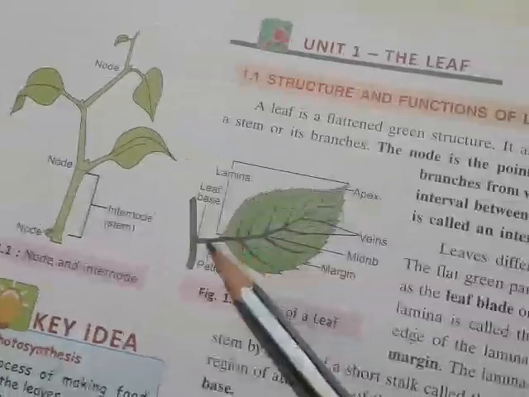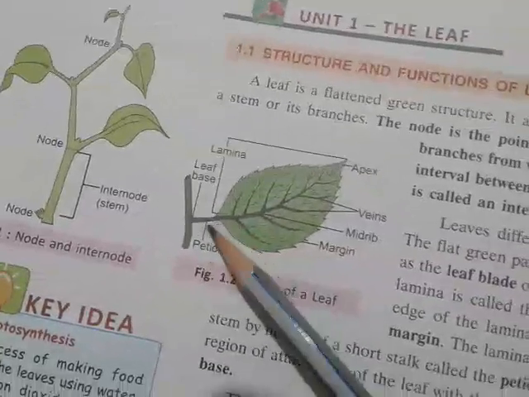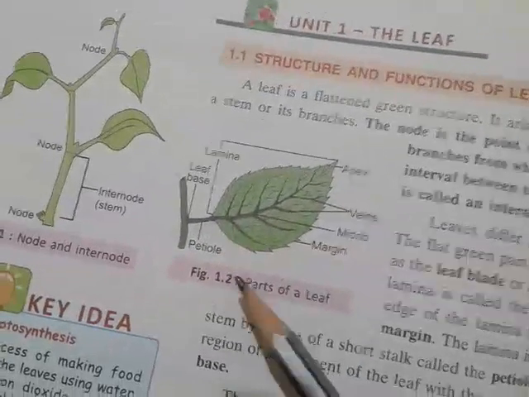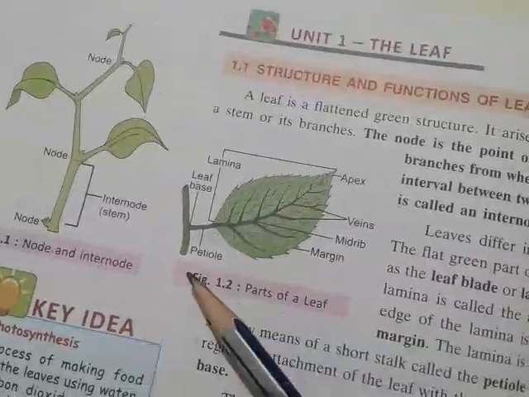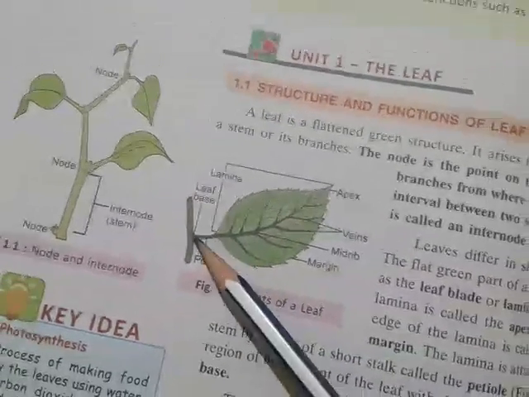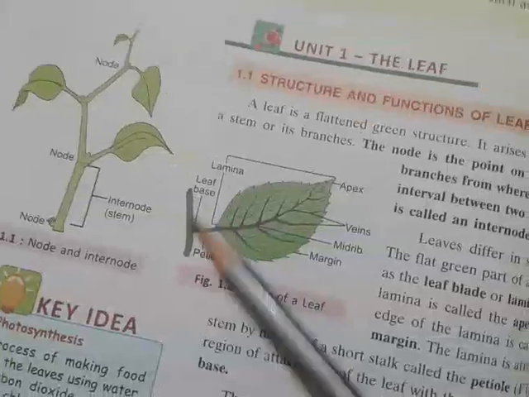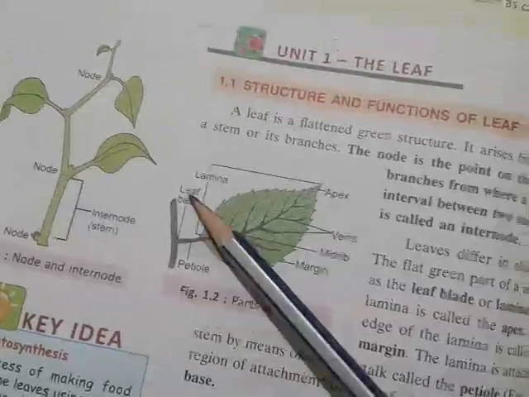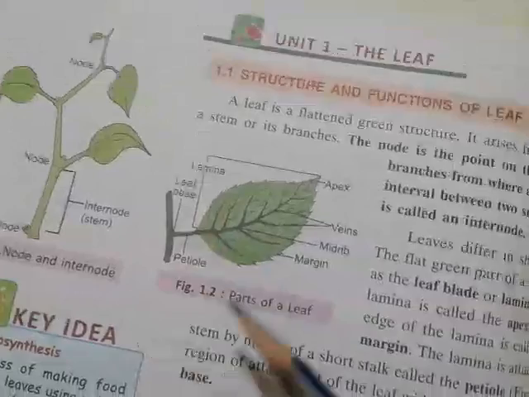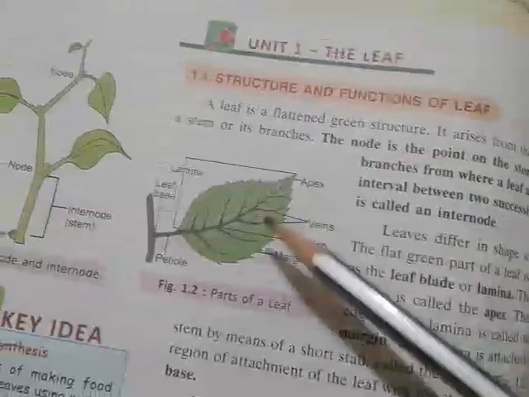The stalk is also attached to another portion, and that portion is called the leaf base. So these are the parts of the leaf.